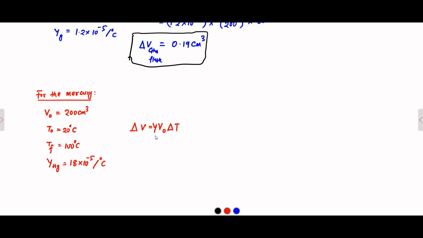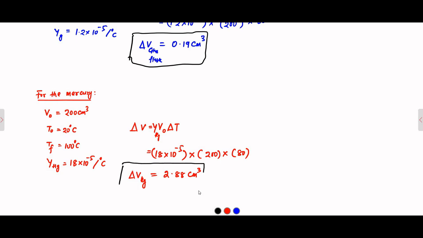So it will be equal to 18 into 10 to the power minus 5, that is the gamma for mercury, original volume 200, and rise in temperature 80. So it is coming around 2.88 centimeter cube. Okay, this is the increase in volume of mercury. So see, the increase in volume of mercury is much greater than the increase in volume of the glass flask.